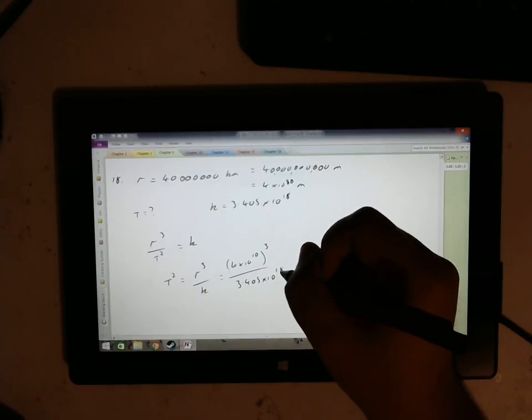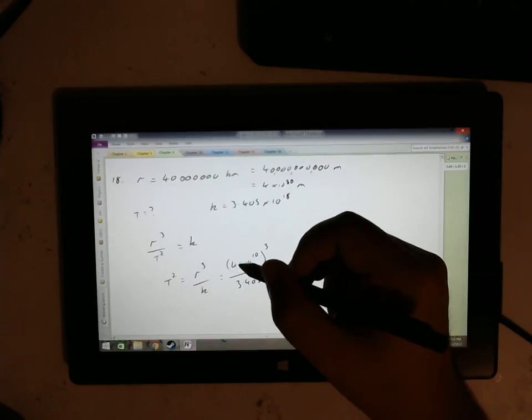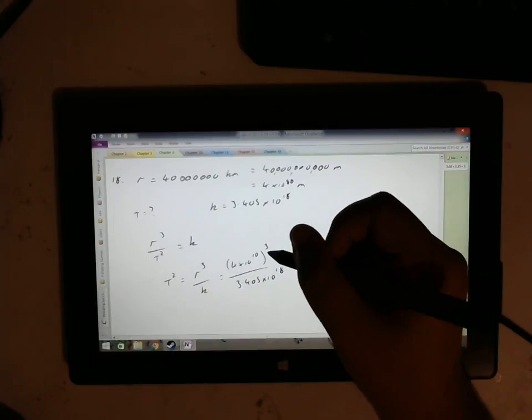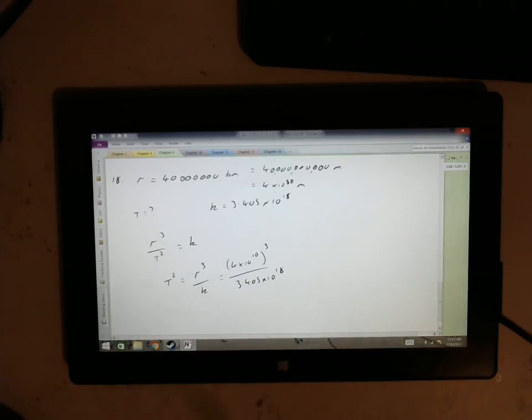We're going to drop it down by 18, so we should have around 13-ish. I'd expect a power around there.